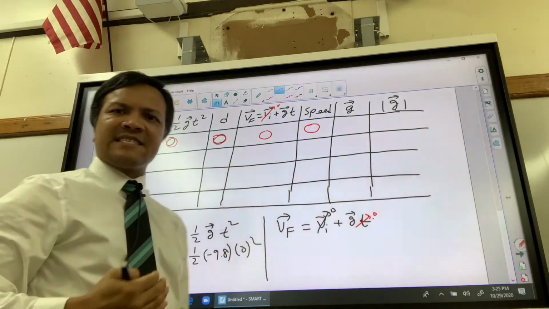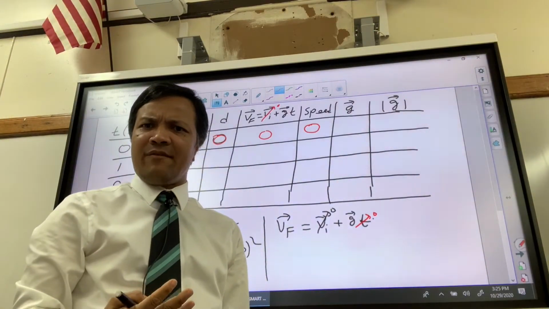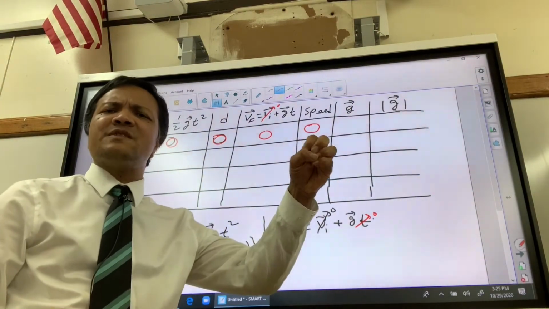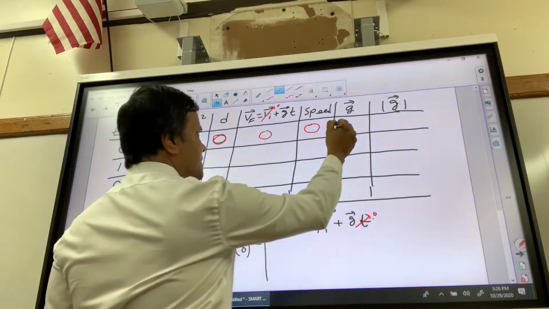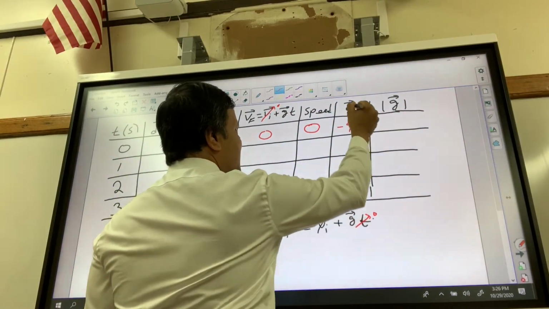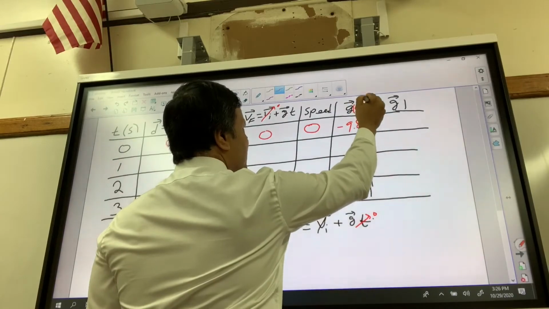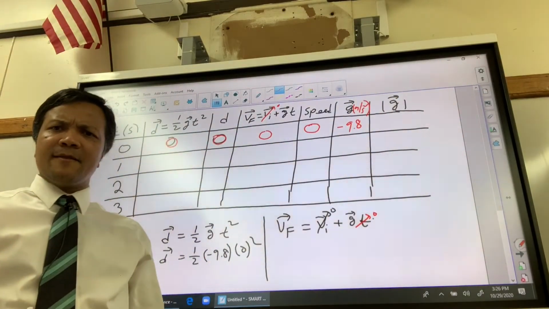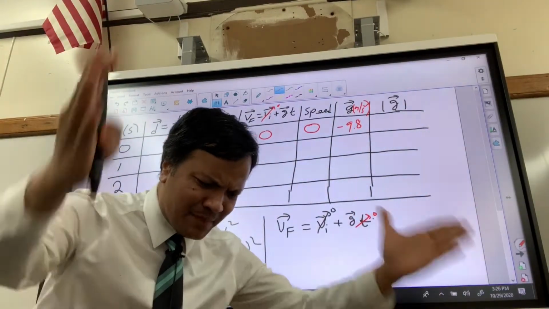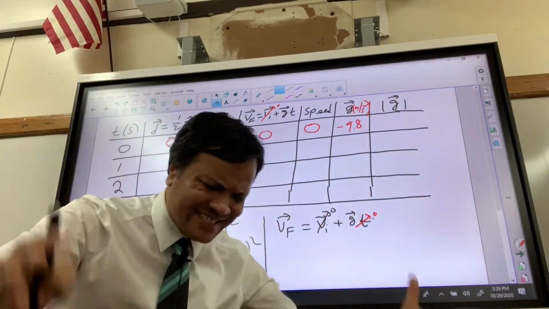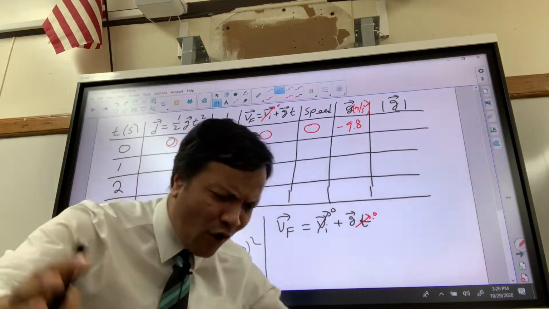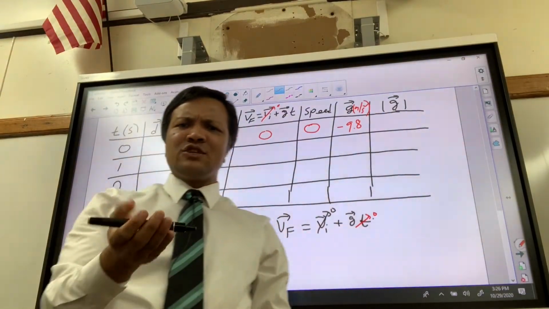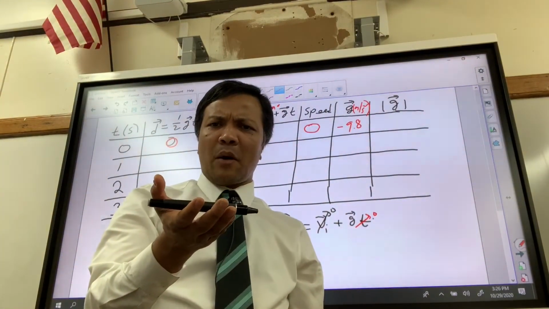Now here comes the acceleration. Acceleration due to gravity, even at 0 seconds, is negative 9.8. Acceleration due to gravity is the same regardless of whether you are dead or alive, sleeping or awake, dancing, laughing, jumping, or falling. What is the acceleration due to gravity here on this pen?